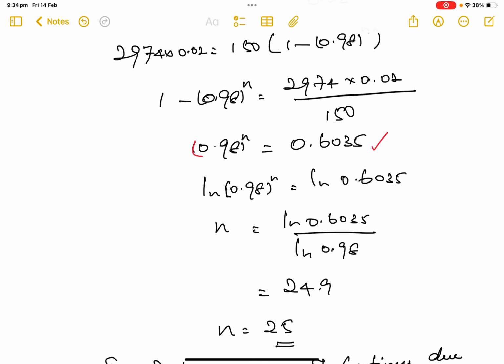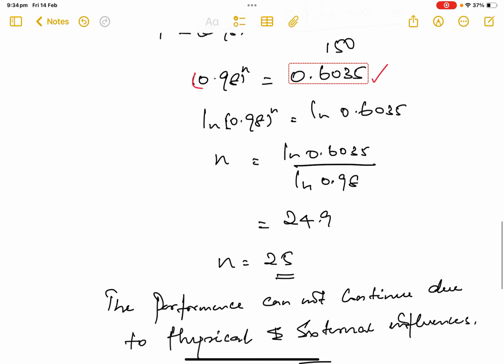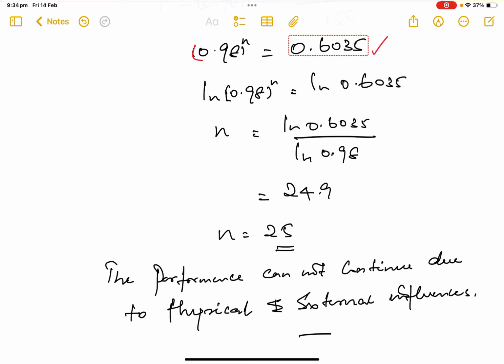So to find n, we use logs. If I take logs of both sides, n is the power, so n times log 0.98, which is the denominator here. So n is log 0.6035 divided by log or ln 0.98.